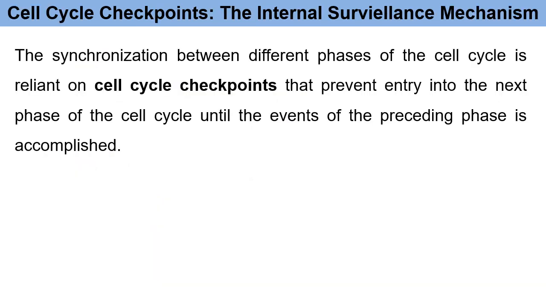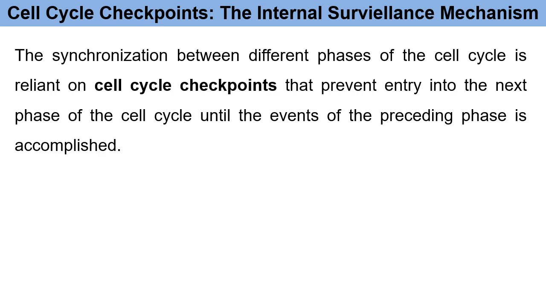In addition to the extracellular signals that regulate the cell cycle progression and commitment of a cell to undergo a cell division cycle, the different stages of the cell cycle are highly coordinated with one another. This synchronization between different phases of the cell cycle is reliant on cell cycle checkpoints, which prevent entry into the next phase of the cell cycle until the events of the preceding phase are accomplished.